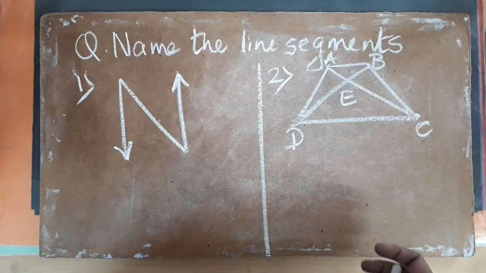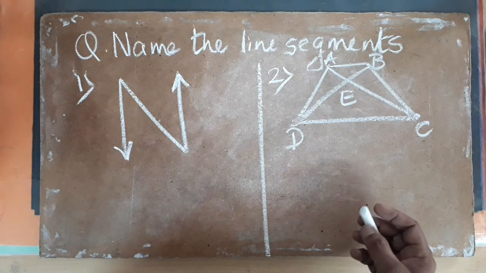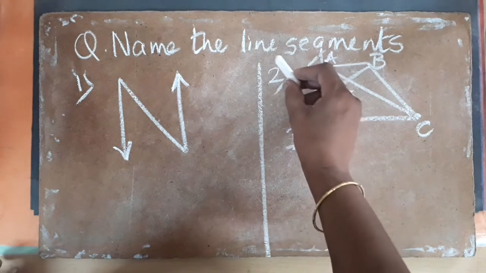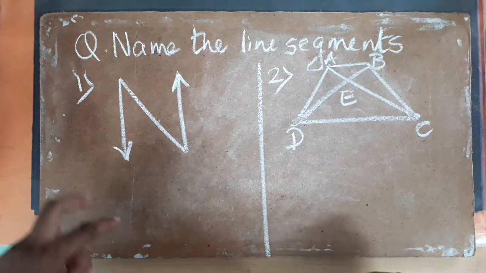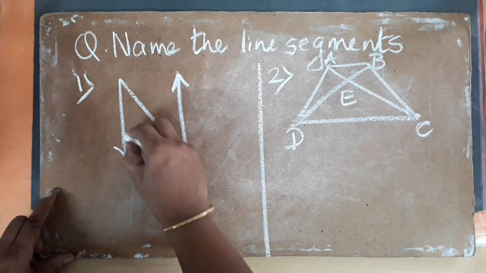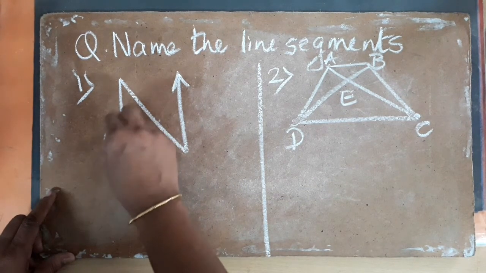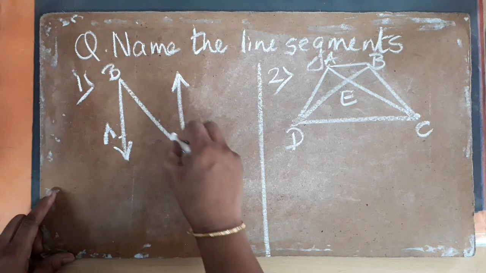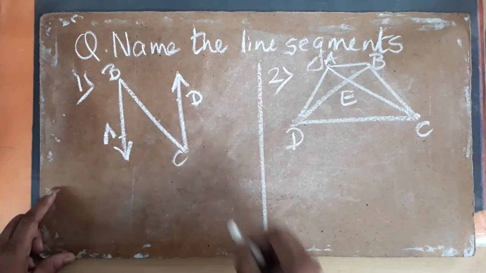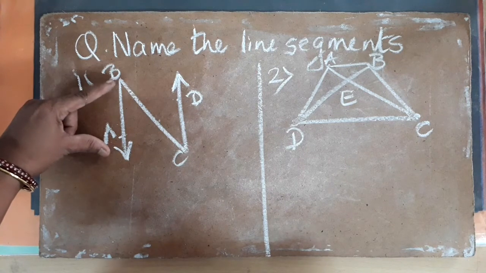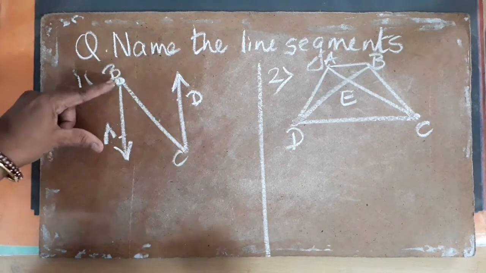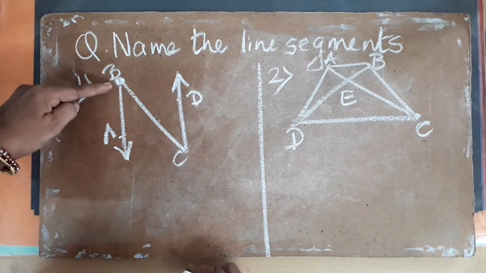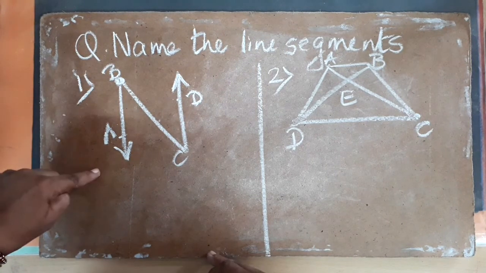Now see this question, you have to name the line segments. As you know, a line segment has two endpoints. If you are talking about the first figure, let us label the points here. See, this is your A, B, C and D. Then if you are talking about this one, it is a ray which has B as one of the endpoints and in the A direction it goes on and on.